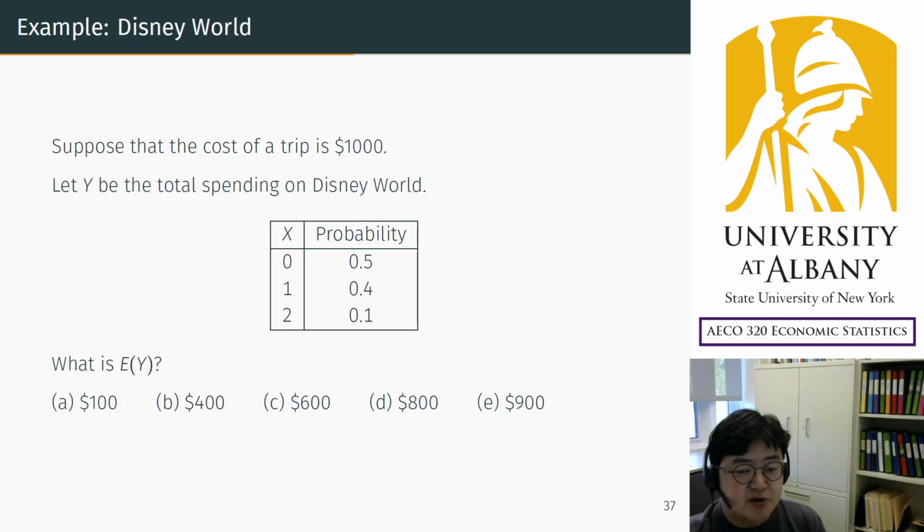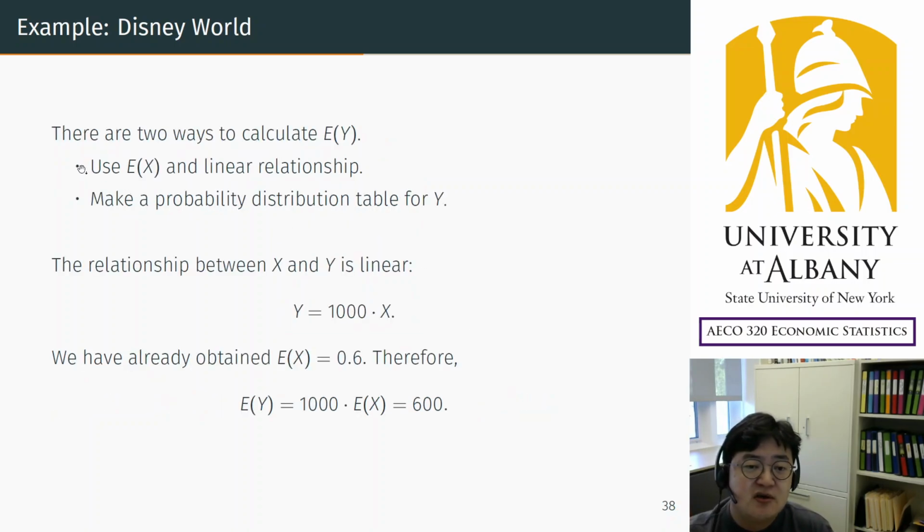Okay, let me show you the answer. There are two different ways to answer this question. First, we already calculated the expected number of trips, which was 0.6. So you may use that information if you believe the relationship is linear. If the relationship between the number of trips and the total spending is linear, then you can utilize the information about the number of trips.